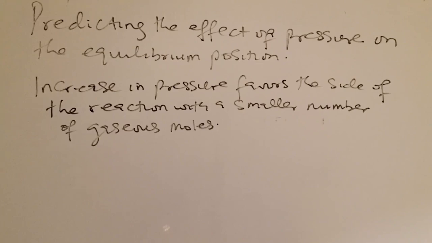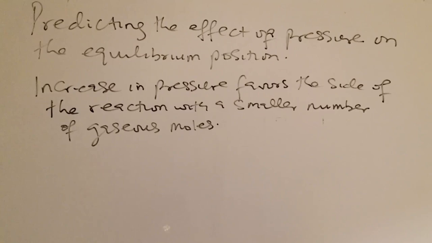These constraints include temperature, pressure, and concentration. So let's predict what happens if pressure is increased or decreased in a reaction at equilibrium. We know that pressure affects a reaction if the reaction contains gases. If there is no gas in the system, pressure will have no effect.